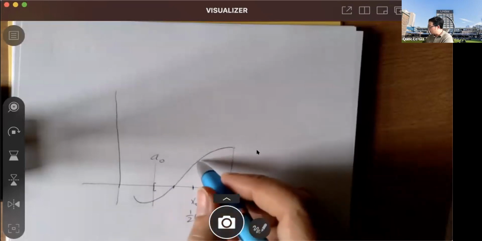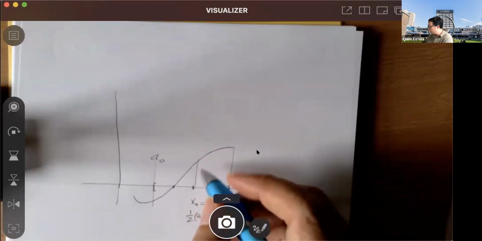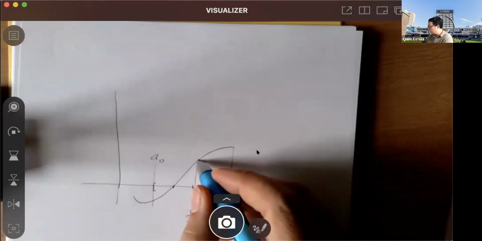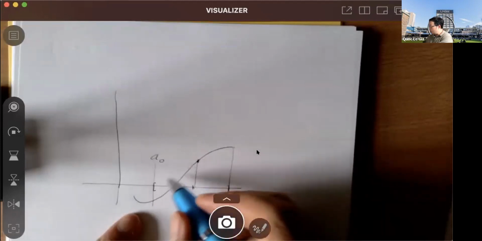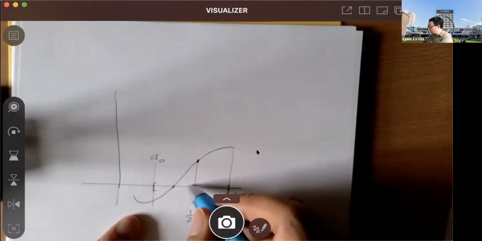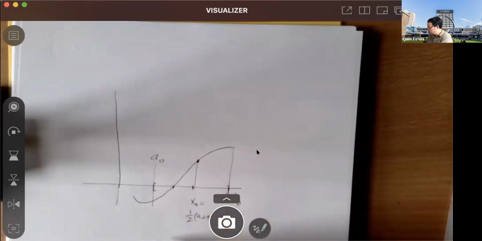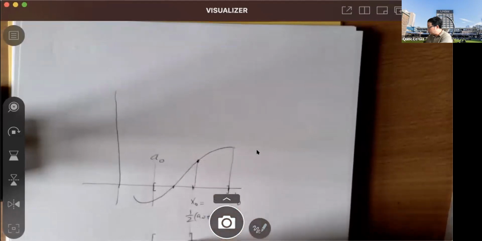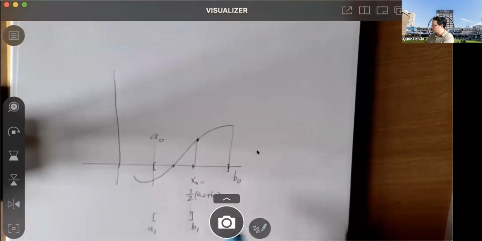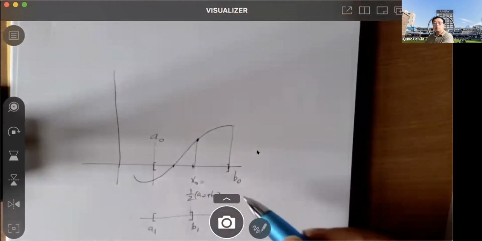So what about f of a0 and f of x0? If they have opposite signs, then you choose this as your new interval. This one is a1 and this one is b1, right? And then you do it again.